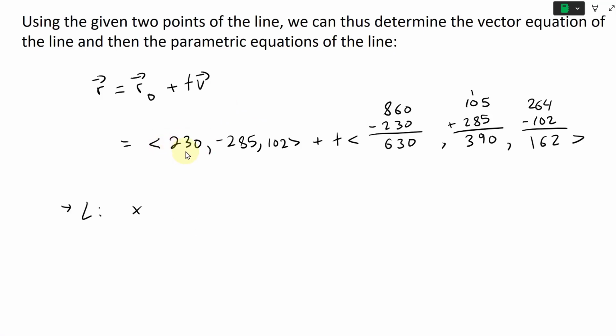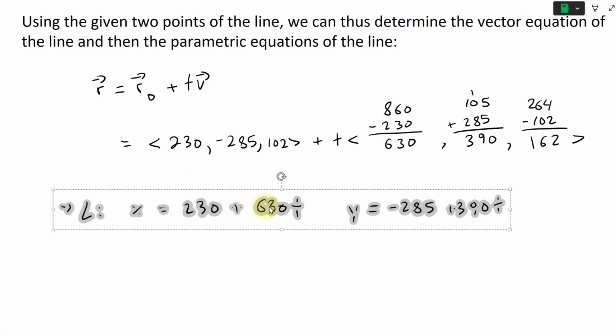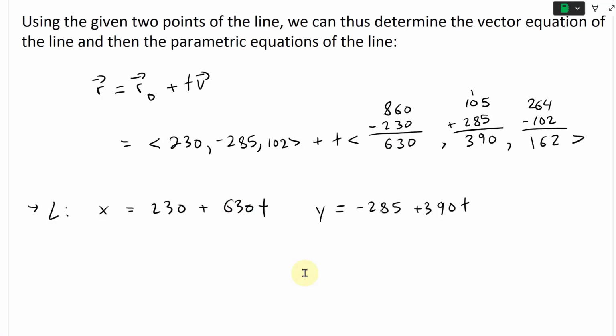The x coordinate is 230 plus t times 630, so x equals 230 plus 630t. Then, instead of a comma, I'll just put y: y equals negative 285 plus 390t.